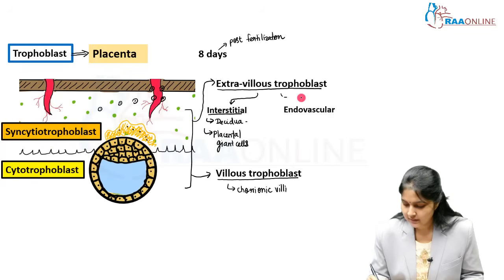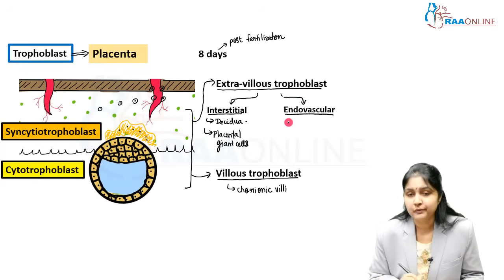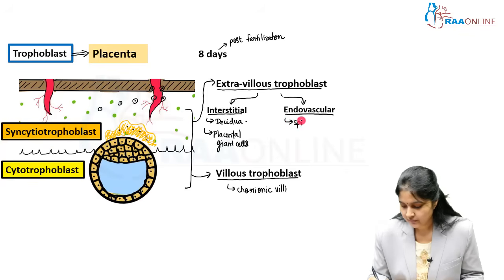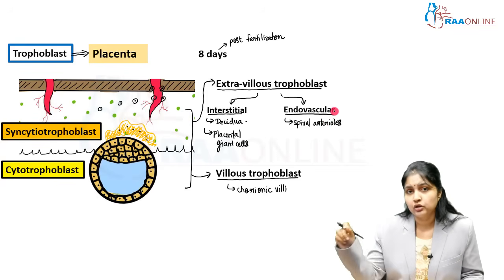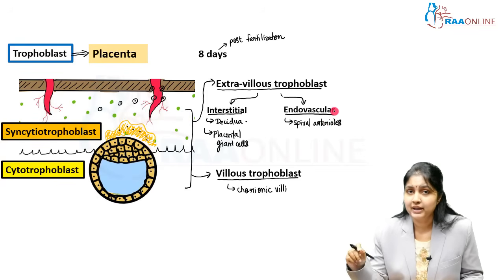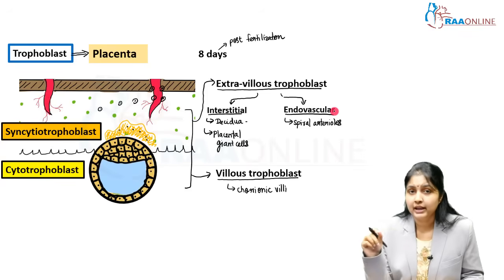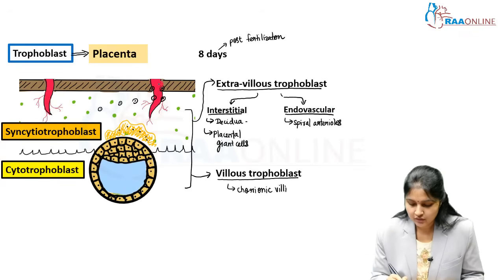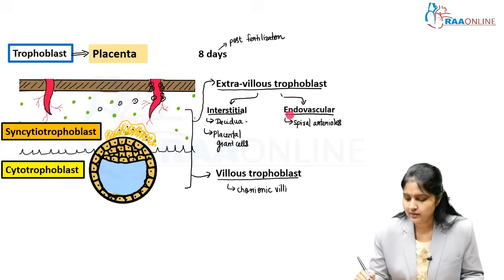The second is the endovascular type of extravillous trophoblast, which invades into the spiral arterioles, which we know are the end part of the uterine artery, the one that supplies the uterine musculature and the decidua in this part. So the trophoblast that invades the spiral arteries is called the endovascular trophoblast.